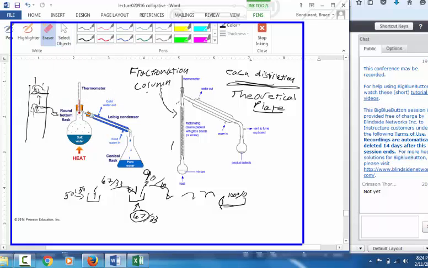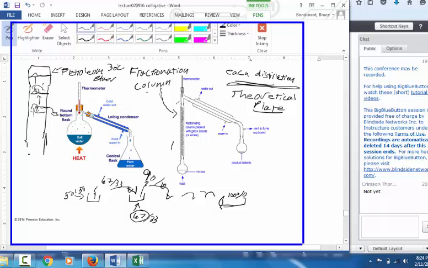And eventually at the top of the still, way up here, you would have things like petroleum ether with a boiling point of about 30 degrees Celsius maybe.